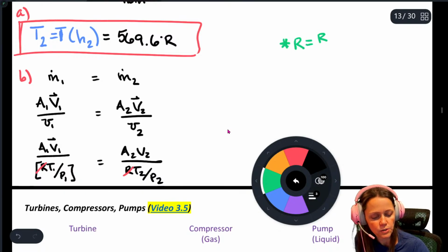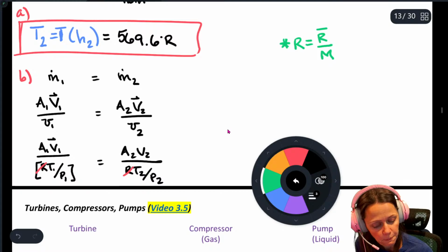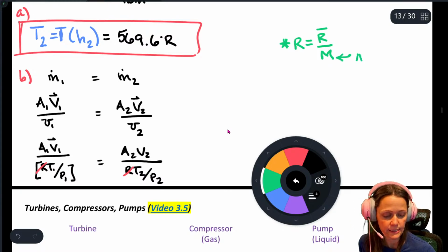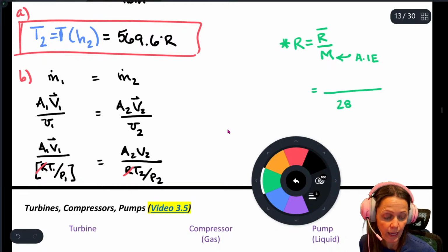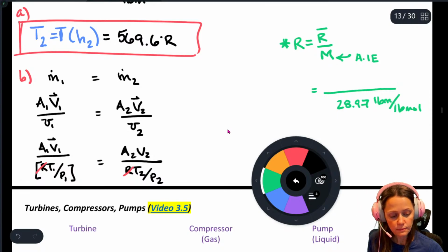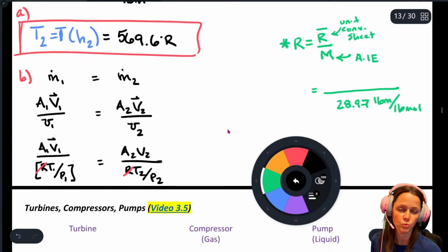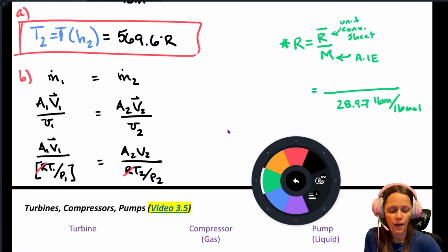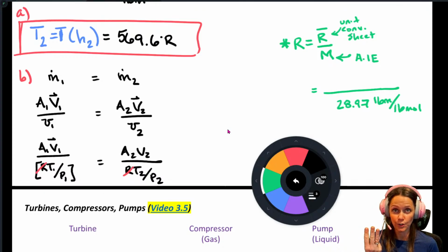But do know that this is English units, and so if you did need to calculate that, you need to get the molar mass. It's in table A1E. It is the number for air. It's still 28.97, but the units are pound mass per pound mole. And look on your unit conversion sheet, page 2 or 3 or something like that, on your packet with all those unit conversions. At the very bottom, they've got 3 values for the universal gas constant.